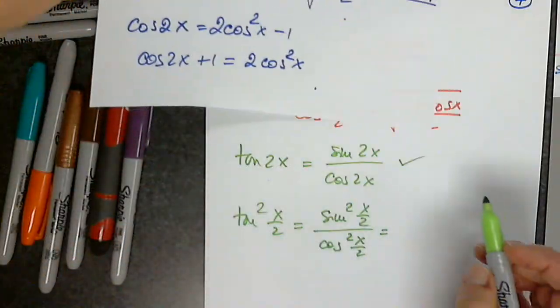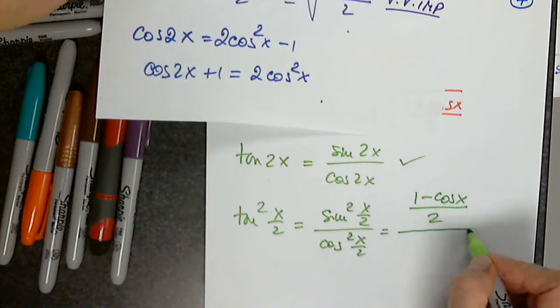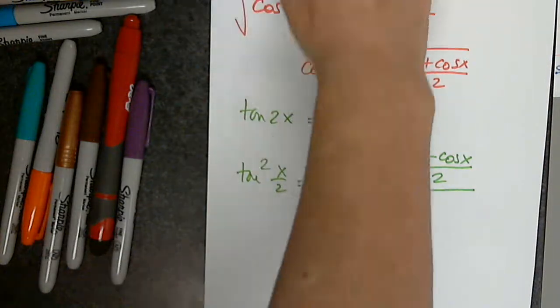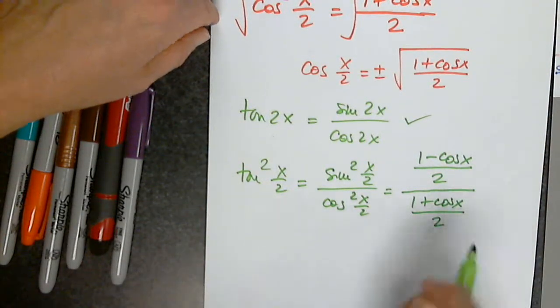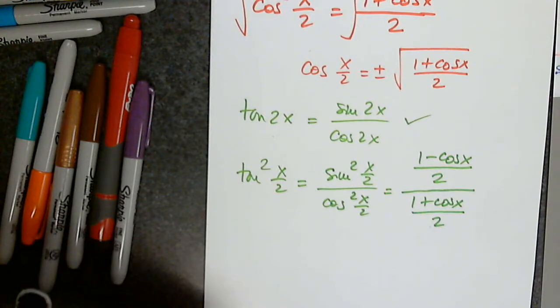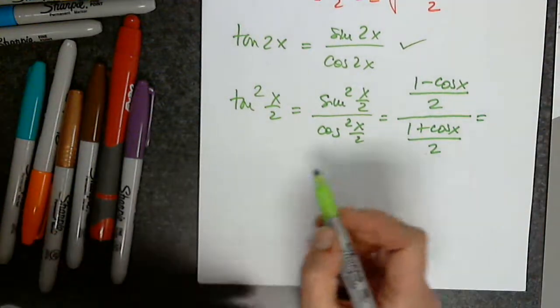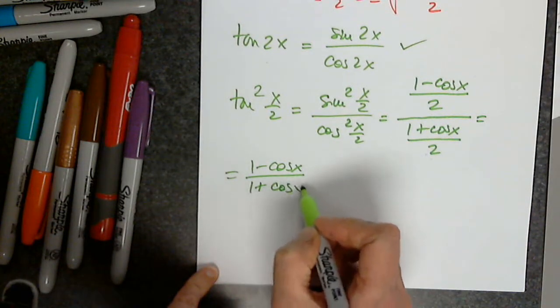Sine squared x over 2 is 1 minus cosine x divided by 2. And cosine squared x over 2 is 1 plus cosine x divided by 2. After I flip and simplify, I get 1 minus cosine x over 1 plus cosine x.